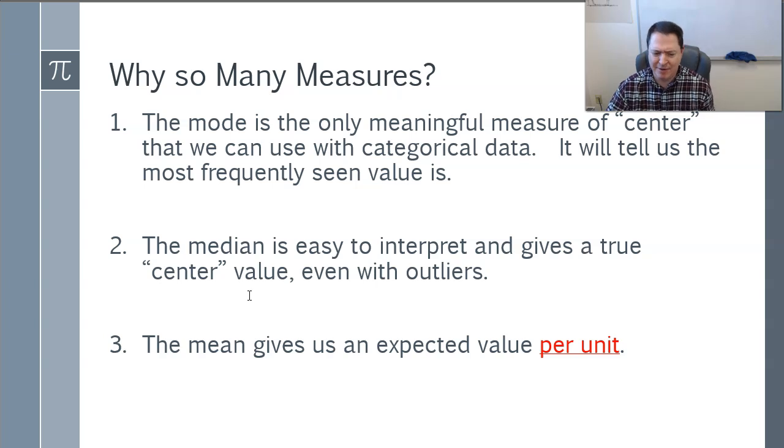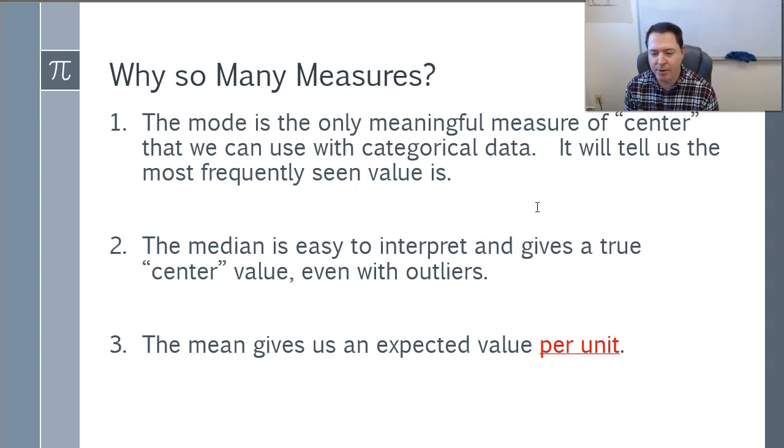The median doesn't even make sense here. I can't add those numbers up. There's no arithmetic to do with languages that you speak, right? So the only thing I can do is use the mode.